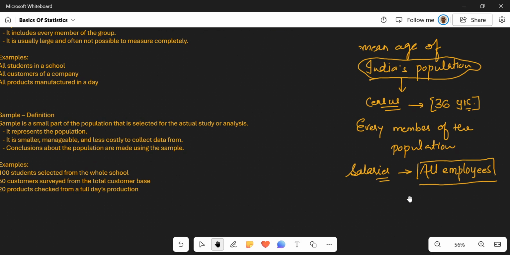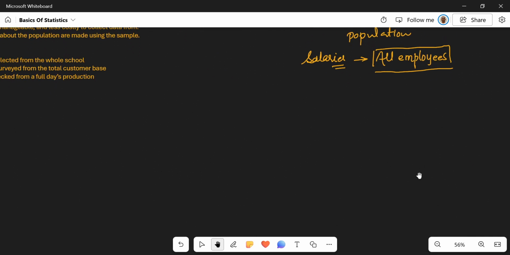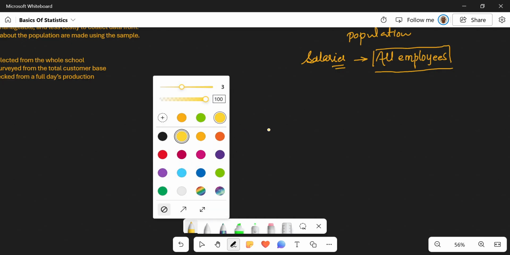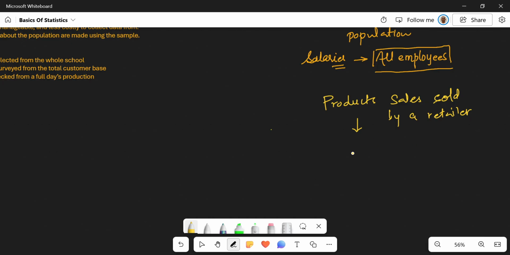So population does not mean people only, right? Population could be anything, the objects as well that we are going to study. Suppose I'm talking about products sold by a company, by a retailer maybe, and a retailer may have 15,000, 20,000 SKUs in the shop.